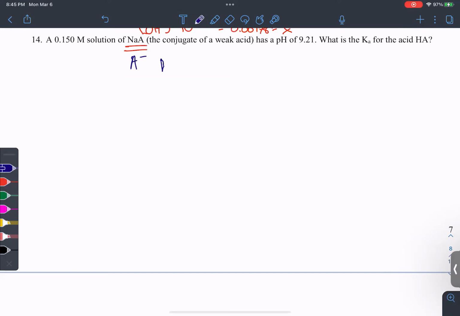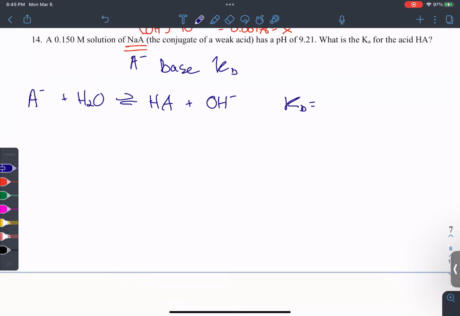My strategy here is I know A minus is a base, so I'm going to focus on the Kb. I'm going to calculate the Kb of that conjugate base first. So A minus plus water gives us HA plus OH minus. This is its Kb expression. It's no different than me writing B instead of A minus.